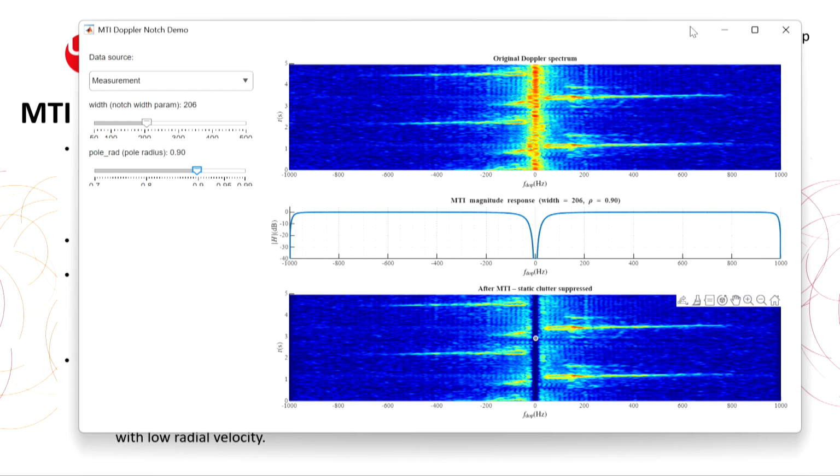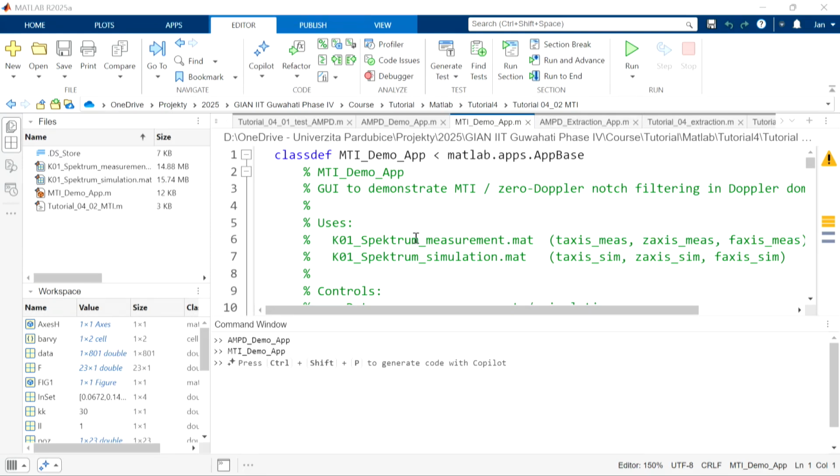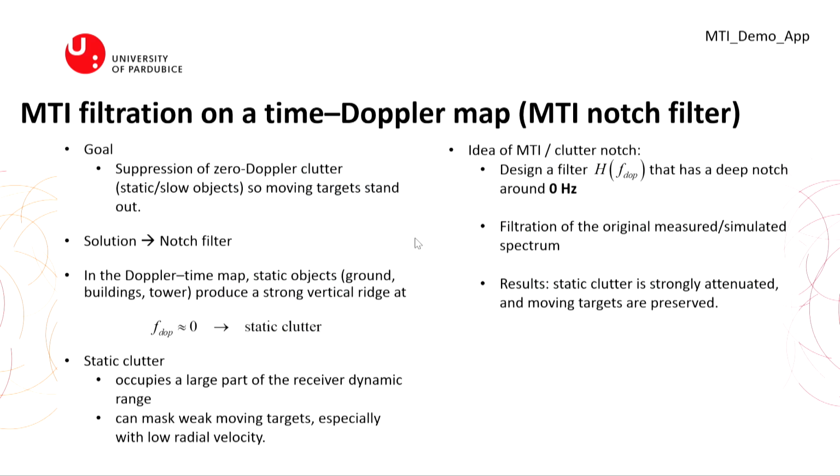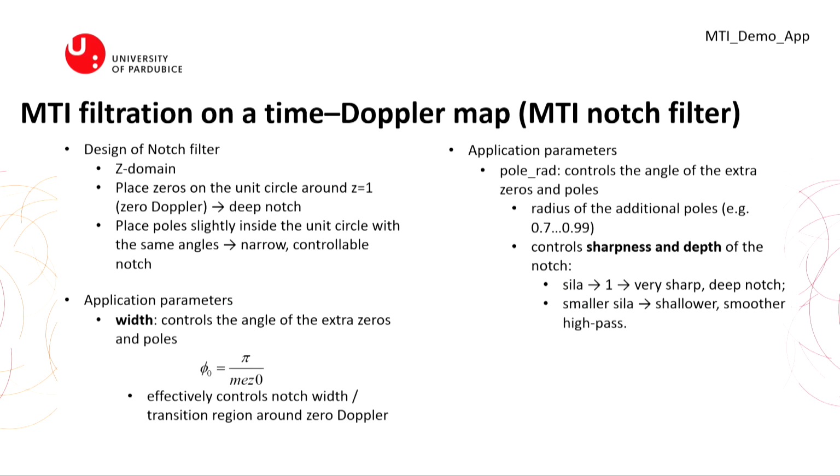Works for everybody? So about the design of the notch filter from the point of view of parameters, we design it in the Z domain, place zeros on the unit circle because we want a deep notch at what we want to suppress, and poles slightly inside the unit circle with the same angles, so it will be narrow and controllable.